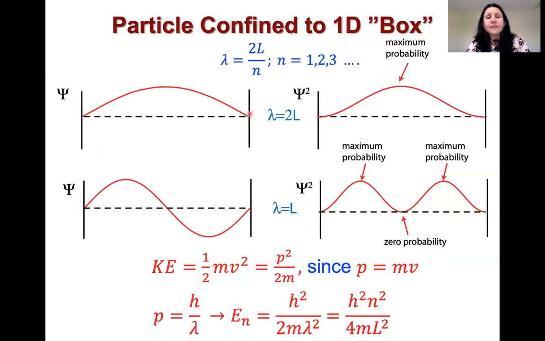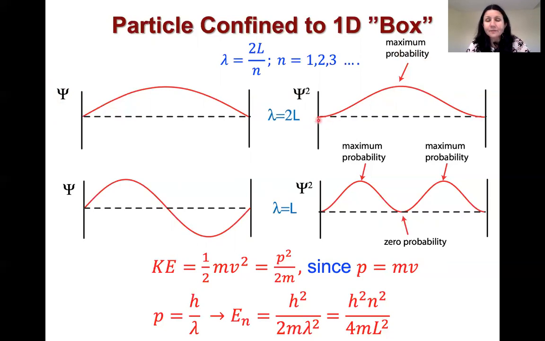But what's really physical is the square of this wave function, because remember, amplitudes are now associated with probability, and probabilities cannot be negative. So we square this wave function. Whenever you have a peak like this, that represents the maximum probability of that particle being in that space.